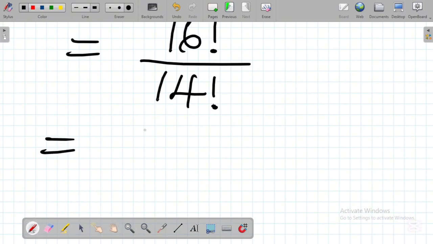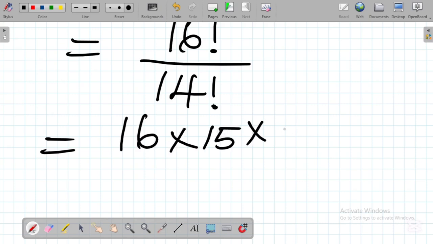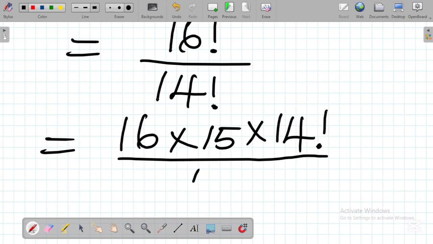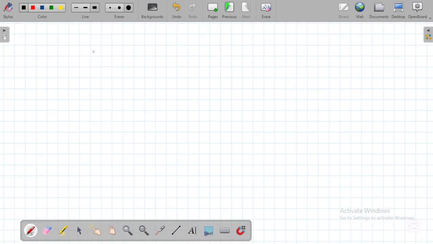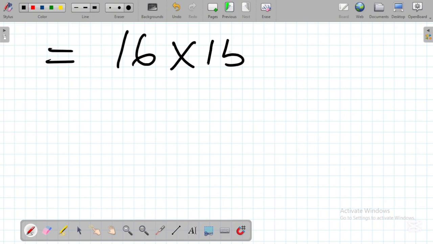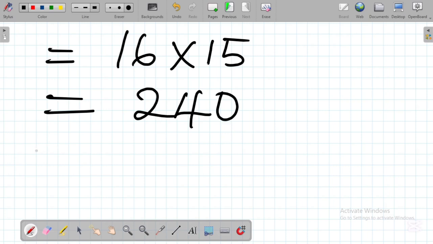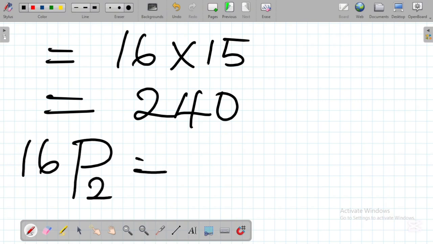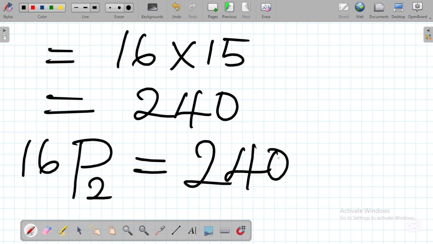So we have 16 factorial is 16 multiplied by 15 multiplied by 14 factorial all over 14 factorial. So 14 factorial cancels 14 factorial. We are left with 16 multiplied by 15, which gives us 240. So therefore, 16 permutation 2 is equal to 240 ways.